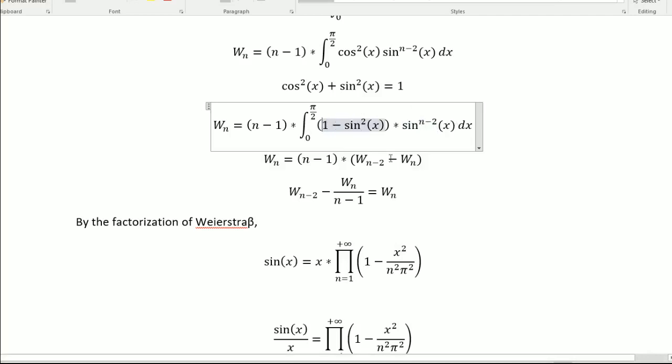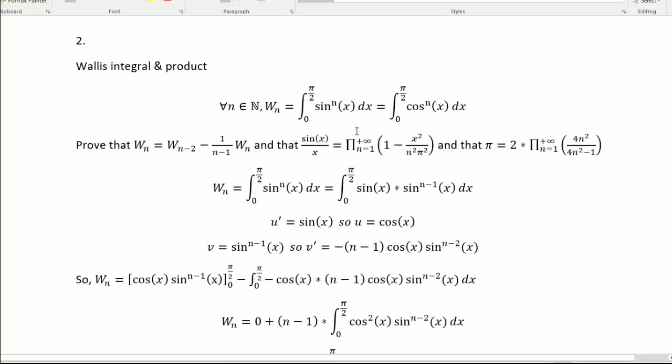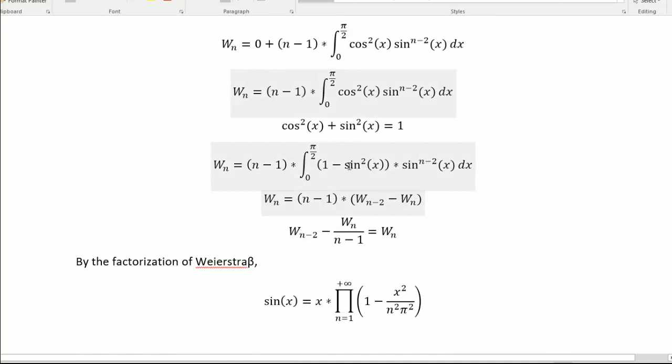So this is actually Wn minus 2 by the definition here, and the other part is sine squared times sine to the power n minus 2. So this is equal to the integral between 0 and pi over 2 of sine to the power n of x dx, and that is actually equal to Wn. So we get this relation, and this is exactly what we wanted, so it's pretty cool.